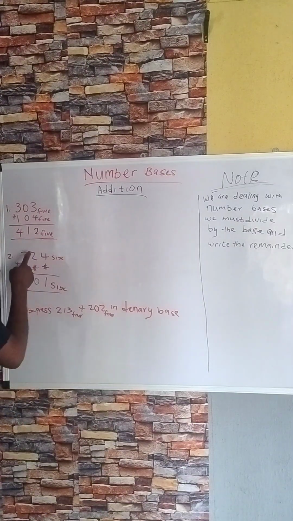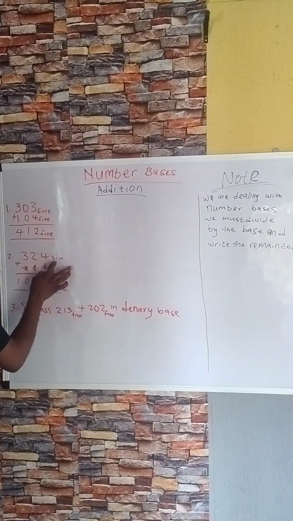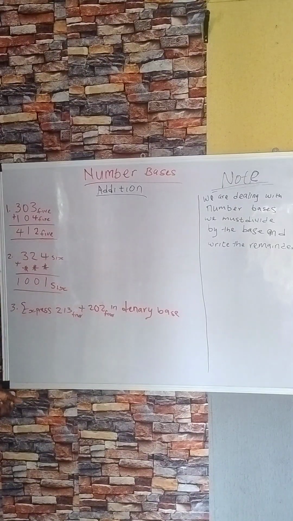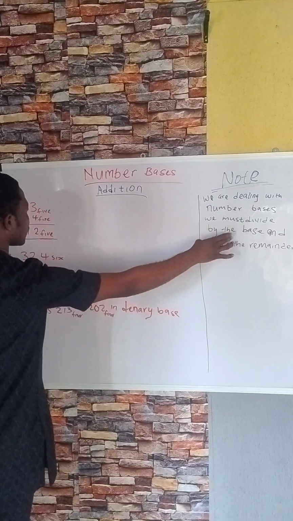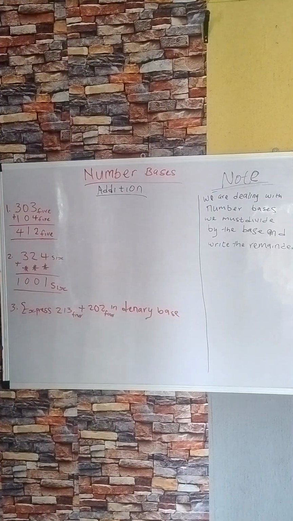So we have 324 was added to a number to give you 1001, and this addition was done in base 6. Take note of what we have done here and try to work this out. What would you have done if you have this kind of question?